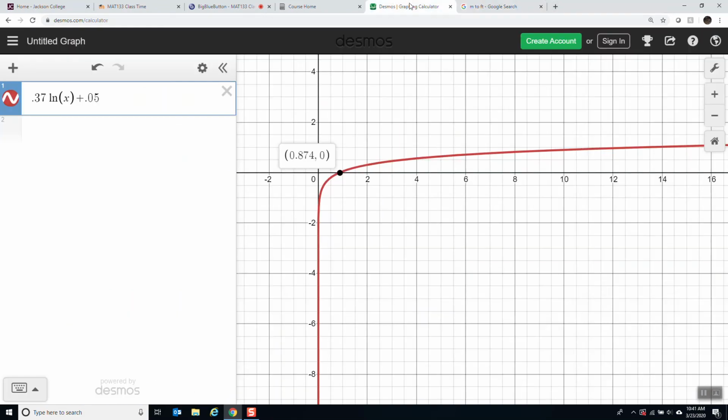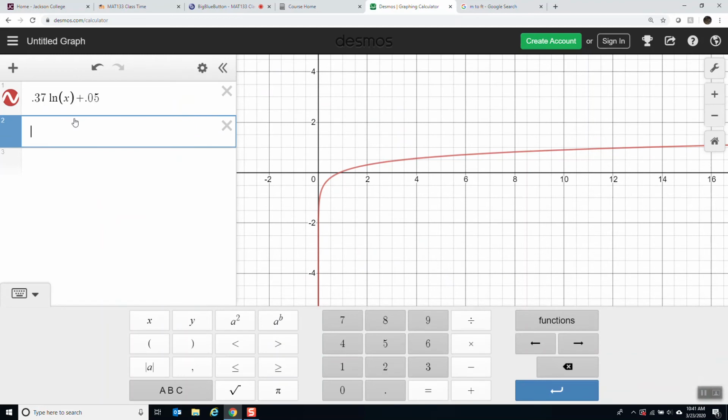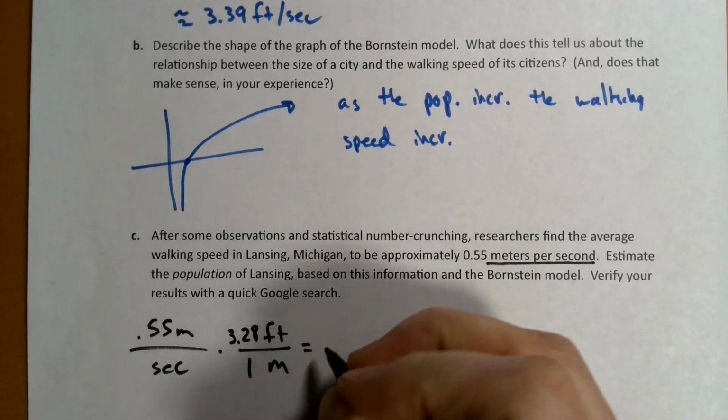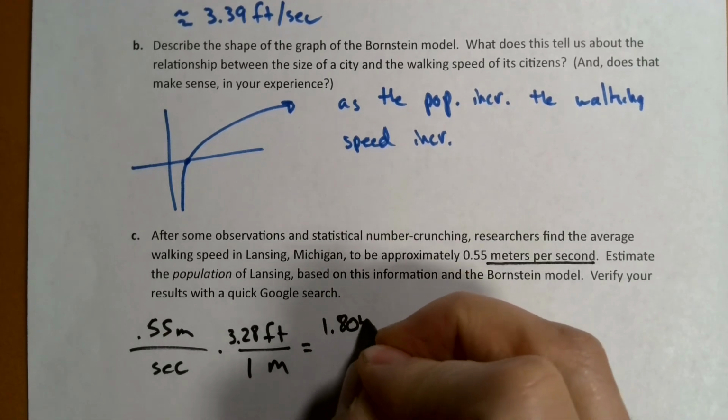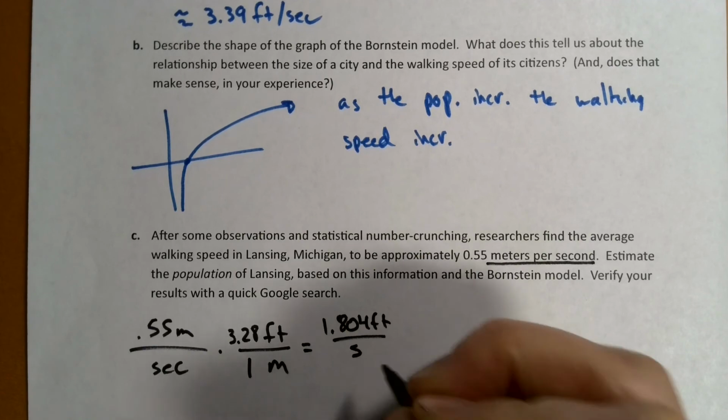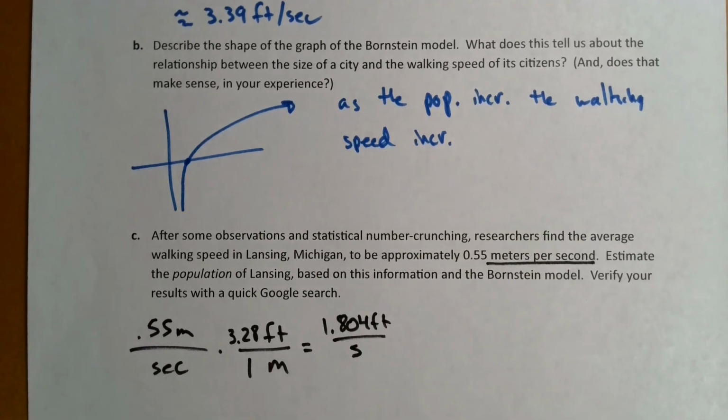So I'm going to do 0.55 times 3.28. That gets us 1.804. So 1.804 feet per second is how fast folks in Lansing walk.